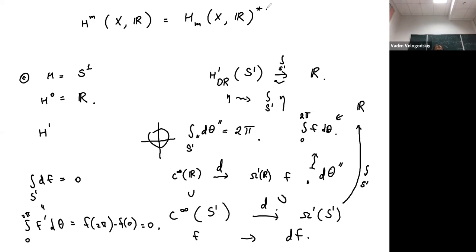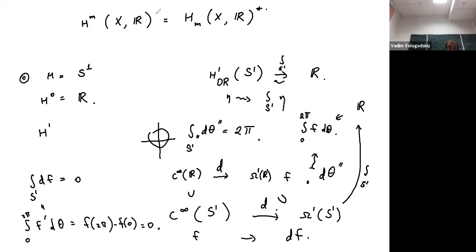So in this sense, both groups are functorial. One is contravariant. It means that if you have a map from X to Y, you have a map on the cohomology groups in the inverse direction, from cohomology of Y to cohomology of X. And on homology, the map goes in the different direction, so it's a covariant functor. There is a simple relation between these two groups.